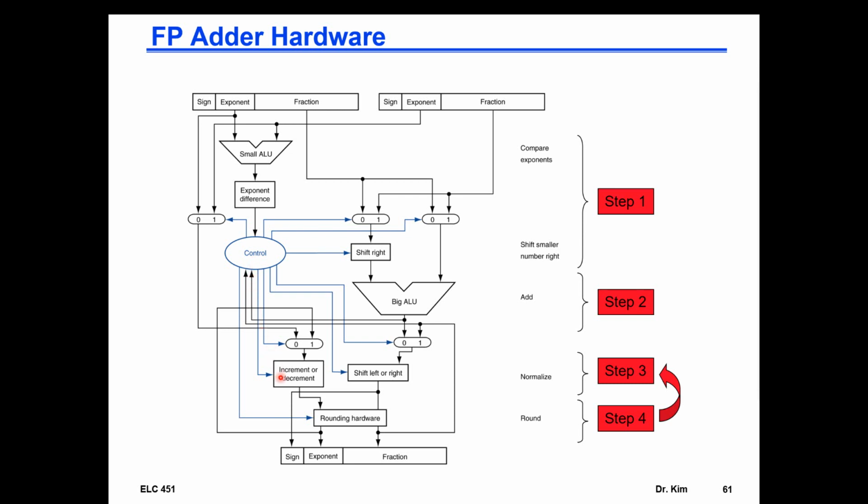And then that result goes into the rounding hardware, which again rounds and renormalizes. And after that is when we get the actual fractional part, the exponent, and the sign of our result.